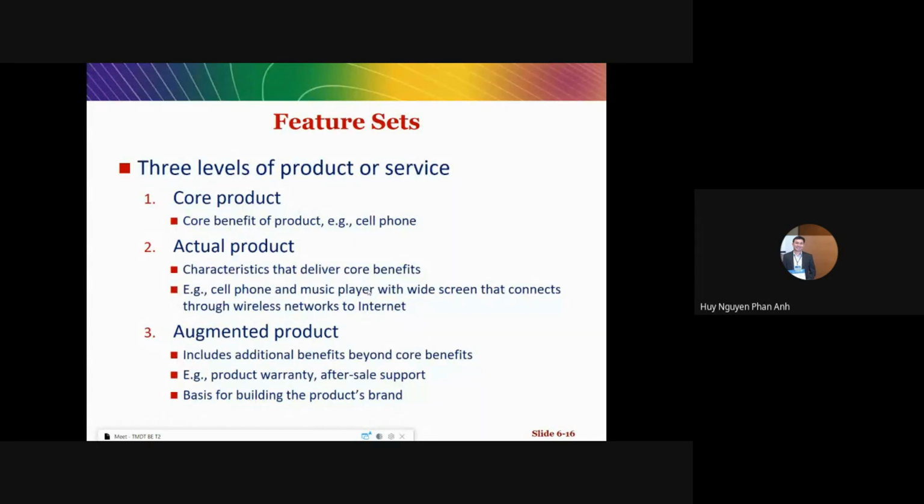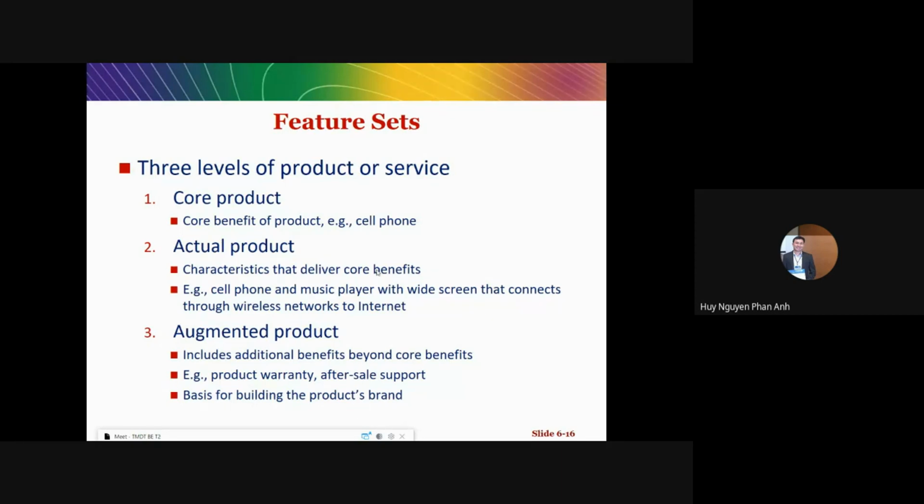The three levels of product and services. Usually we have the core products such as the cell phone, and we have the actual products. When they sell the cell phone, they also have the music player, the widescreen, connect to the 4G or the Wi-Fi as well. We call those the actual values or the core benefits of that product.